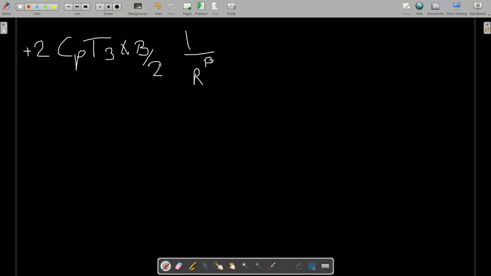So we will have Cp T3 into 2 times B by 2, minus minus plus, because this minus B by 2 and this minus B by 2 will cancel out, and we will have 1 upon R power B by 2 plus 1 is equal to, because there is a negative term, the compression work, it will go on the right side, so it becomes positive, Cp T1 into B times R power B minus 1.